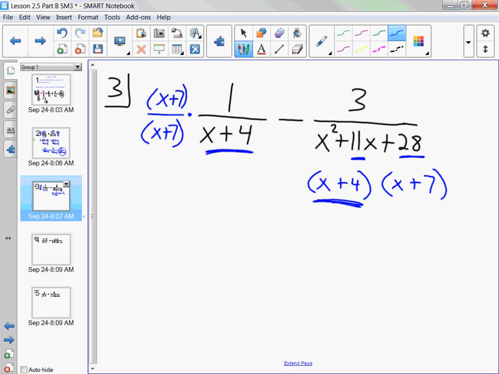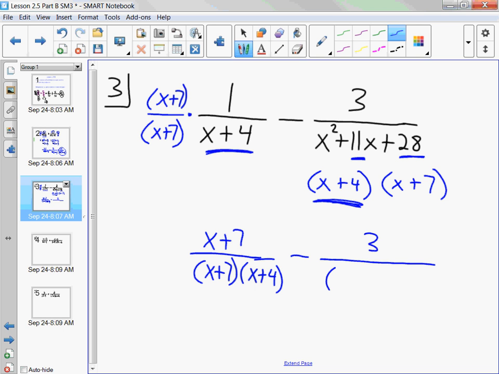If we multiply the 1 by the x plus 7 up there, we get x plus 7 over our common denominator, (x plus 7) times (x plus 4). And then our other fraction stays the same.